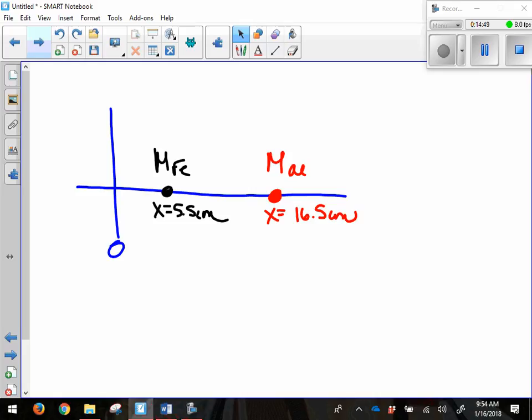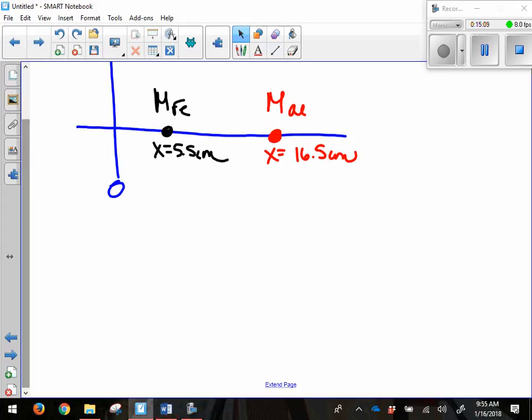And the y and the z values are the same, right? So how do I find the x center of mass coordinate for the whole system now?